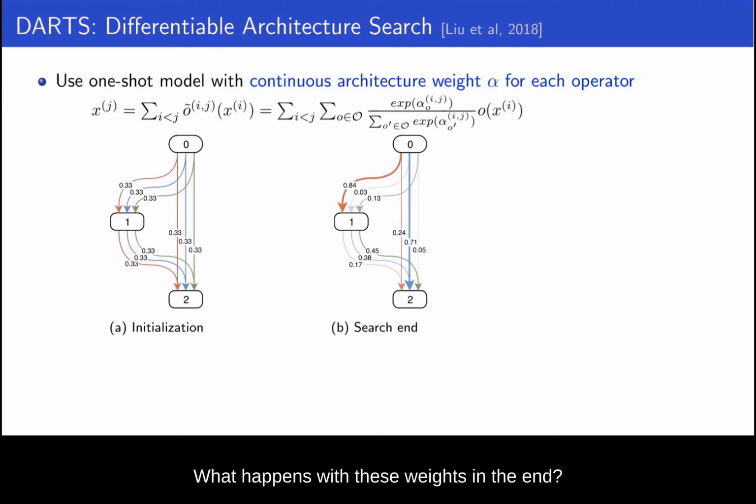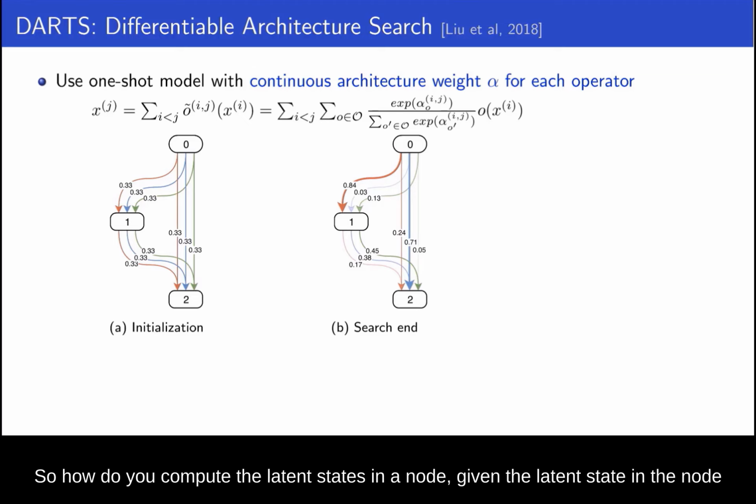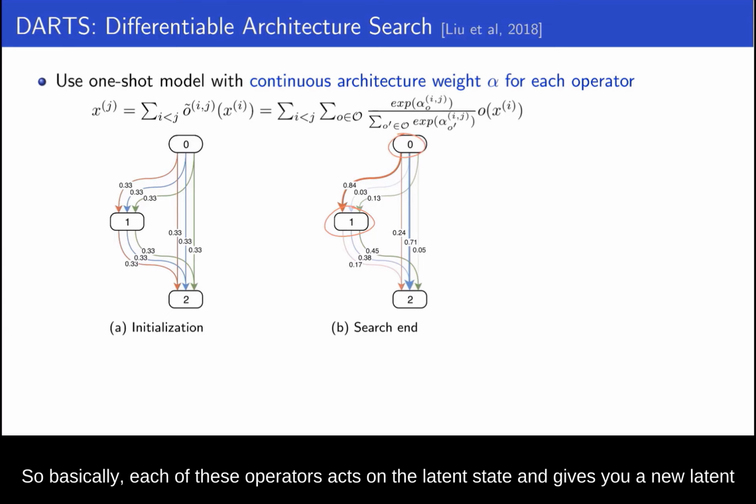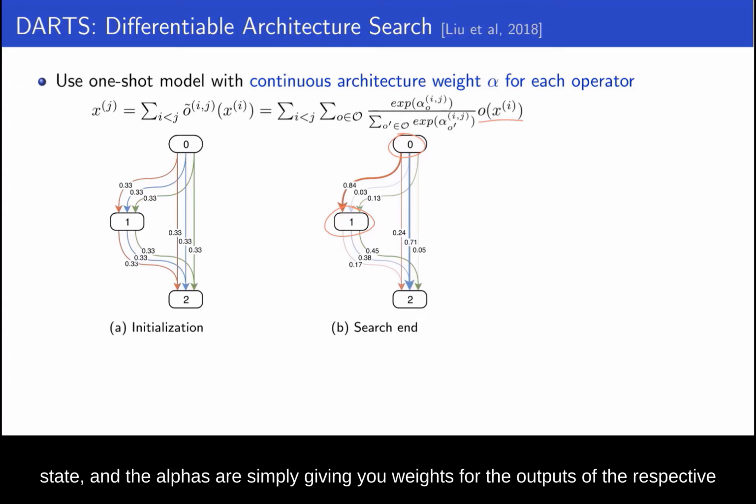What happens with these weights in the end? So how do you compute the latent states in a node given the latent state in the node before? Basically, each of these operators acts on the latent state and gives you a new latent state. And the alphas are simply giving you weights for the outputs of the respective operators.